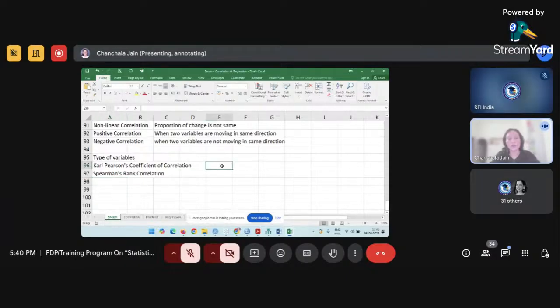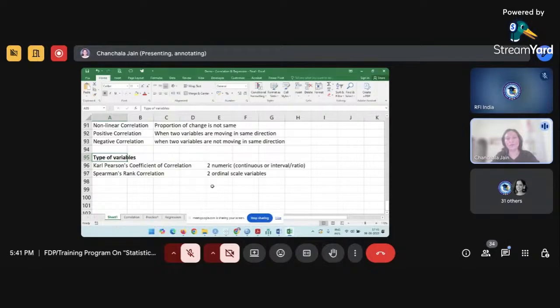So if you are having two numeric, that is, interval or ratio scale variables, you are using Karl Pearson's coefficient of correlation. When you are having two ordinal scale variables, you are talking about Spearman's rank correlation, right?